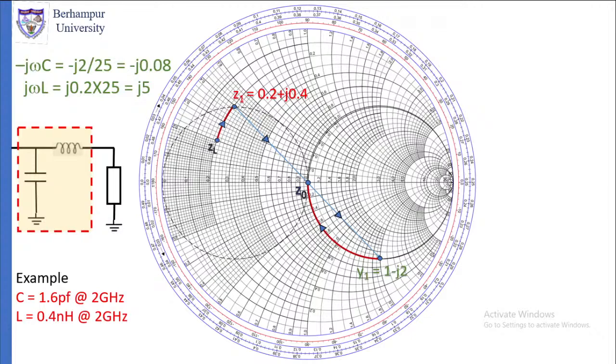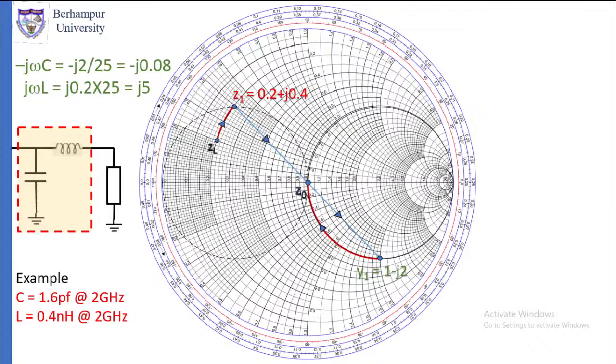So minus j omega C will be minus J2 by 25, which is equal to minus J0.08. Similarly, j omega L is equal to J0.2 into 25, which is equal to J5. So these are the values of capacitance and inductance that we have calculated.